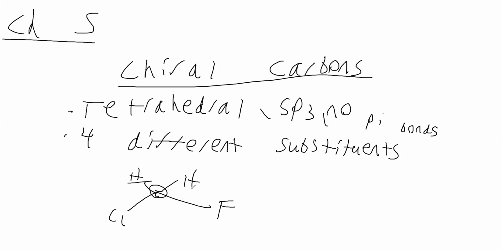So because there's 2 hydrogens, it's not chiral. Just the biggest trick in terms of making things look like a chiral center, but they aren't, is we don't draw the hydrogens in, but they're there, so you have to identify that. So that's really all I'm going to say about that.